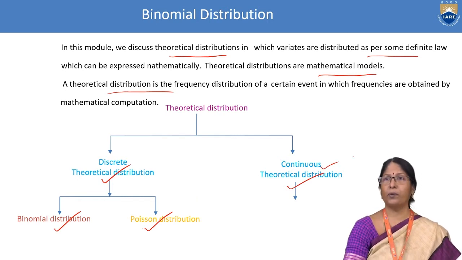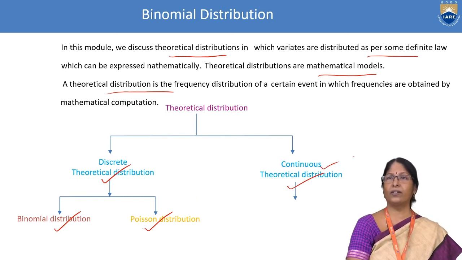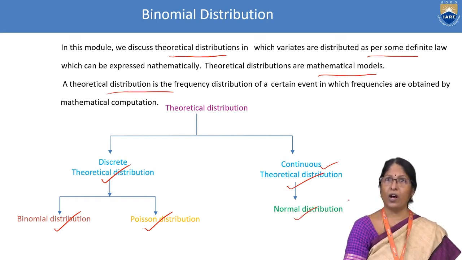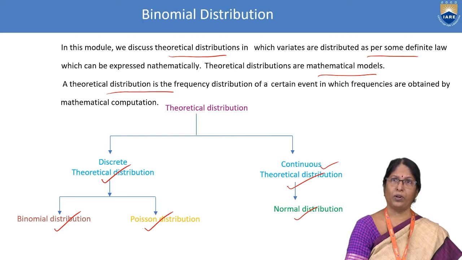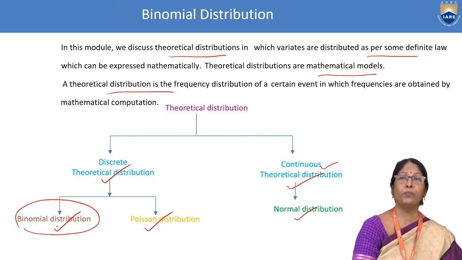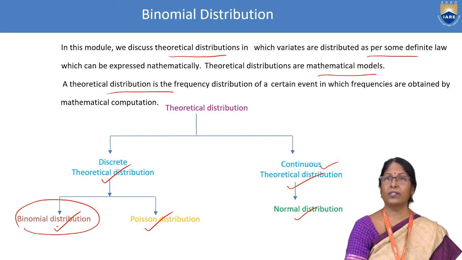Whereas in continuous theoretical distributions, the normal distribution follows. In this video lecture, we are going to discuss the binomial distribution, which obeys a mathematical law, and the binomial distribution formula is derived.